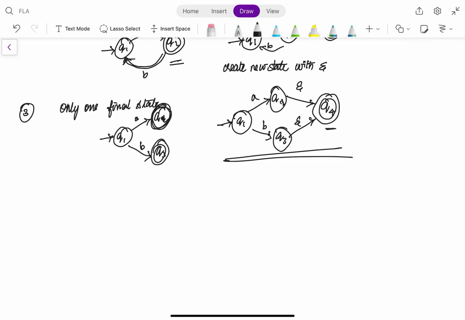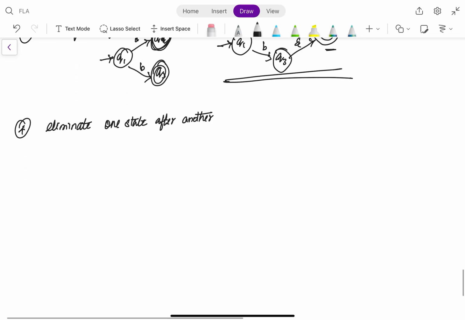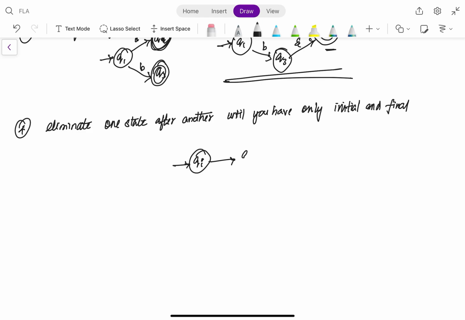Then the fourth one is to eliminate one state after another, until you have only the initial and final state, Qi and Qf.